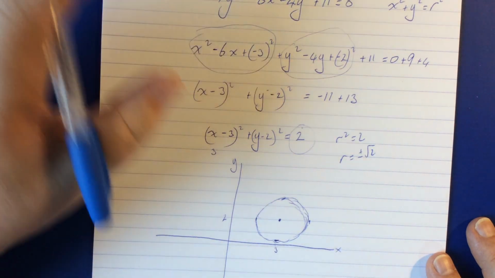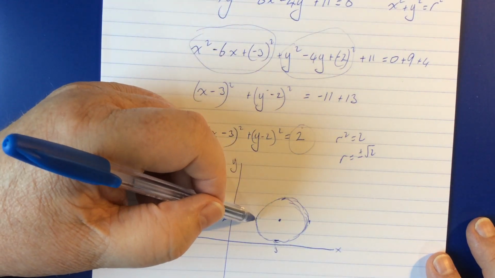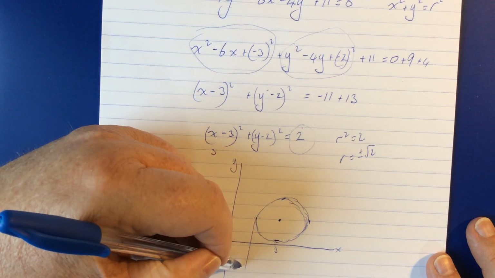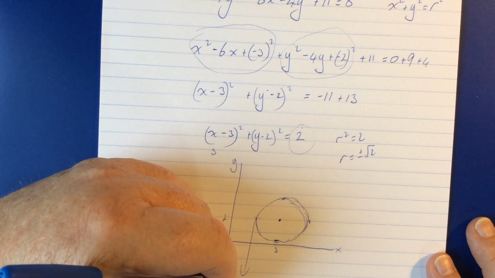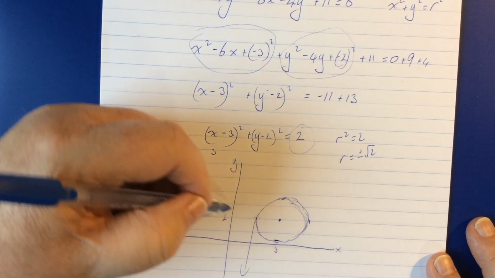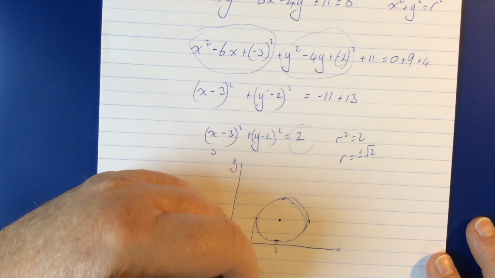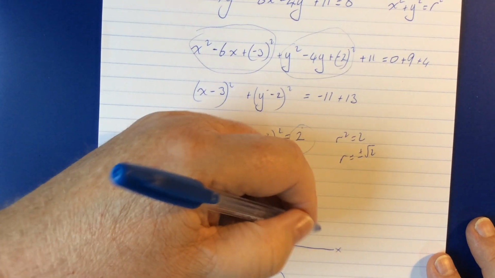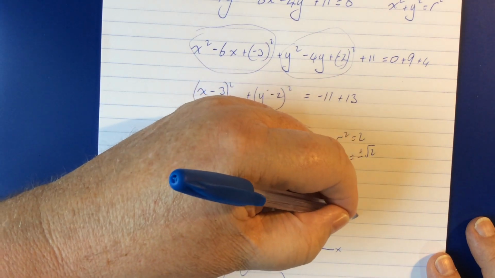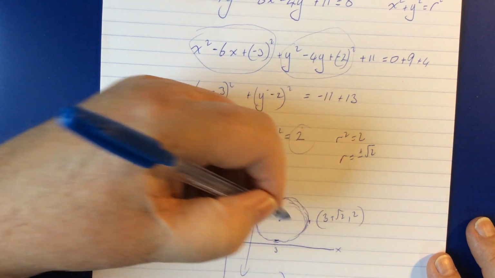This is appallingly drawn. But this point here, if you want to know exactly what it is, it's 3 minus root 2, 2. And this is 3 plus root 2, 2.